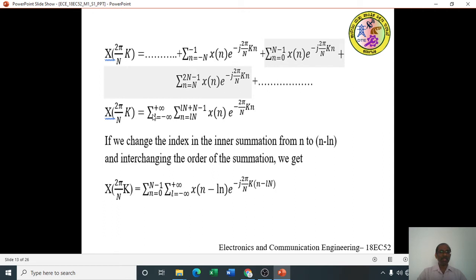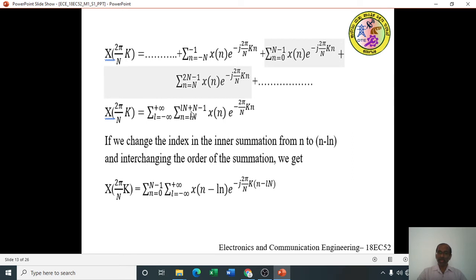If I put l equal to 0, the inner summation becomes from 0 to N minus 1. This is what we have written. If you put l equal to 1, it becomes N to 2N minus 1. That is the second. If you put l equal to minus 1, you get this summation. So by substituting different values of l, you get back all your summations from minus infinity to plus infinity.